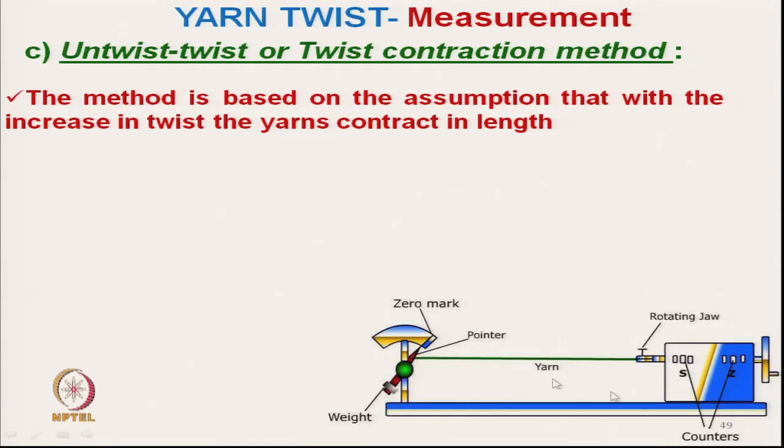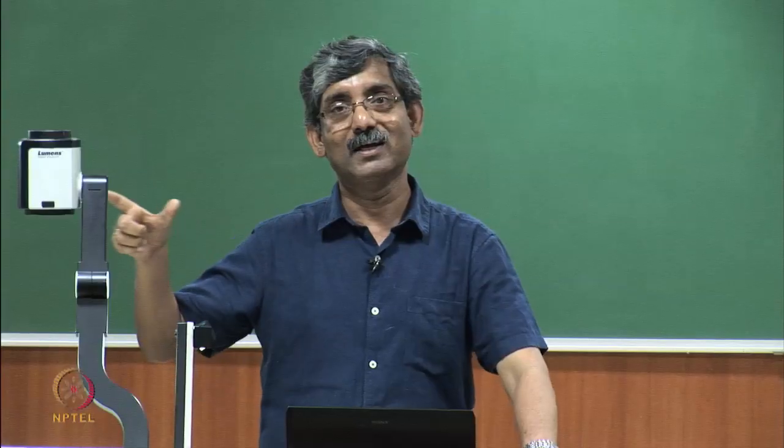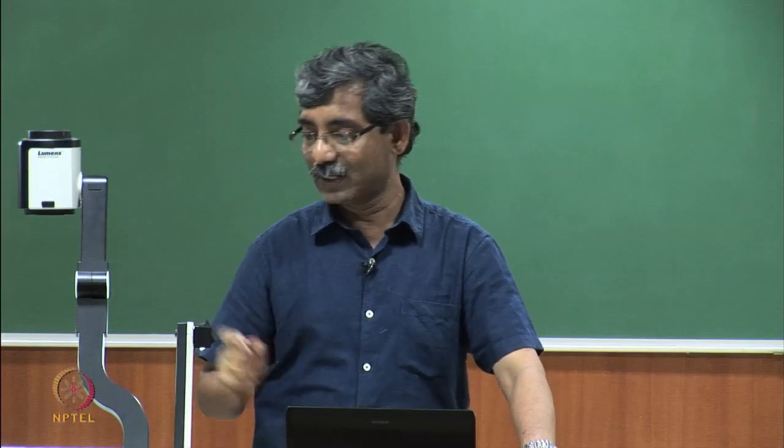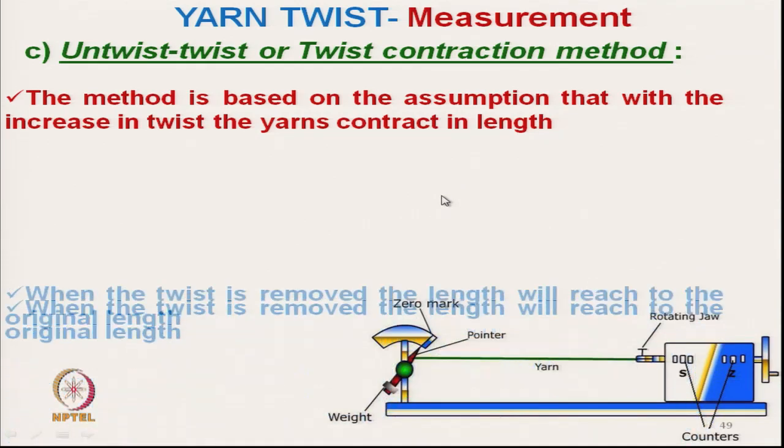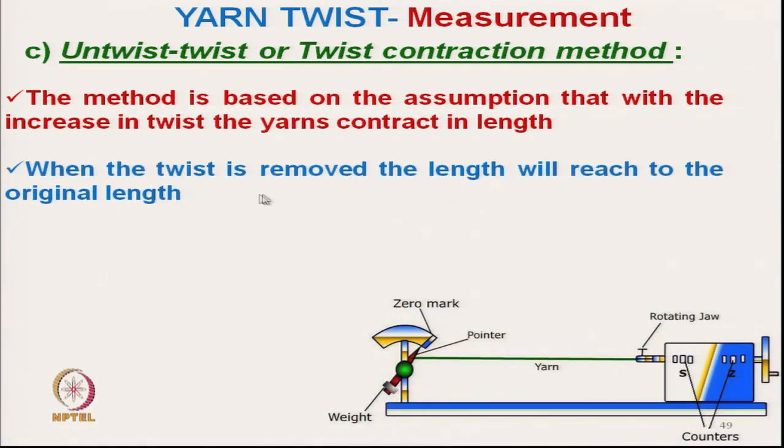We will continue rotating it till the pointer reaches the zero position, which shows that it has reached the initial length L T, as we have seen. So, this method is based on the assumption that with the increase in twist, the yarn contracts in length. When the twist is removed, the length will reach its original length.